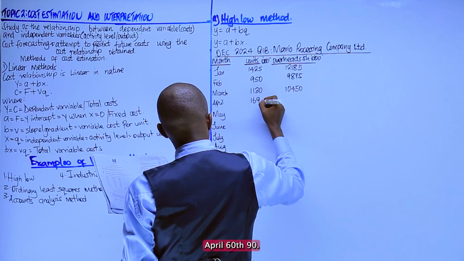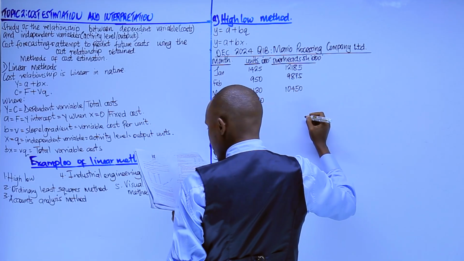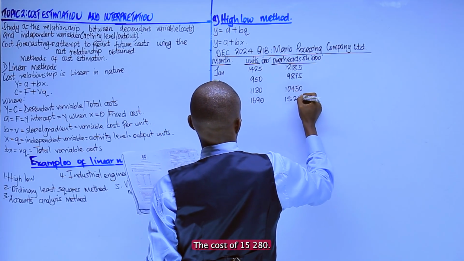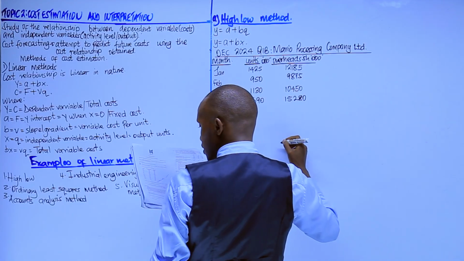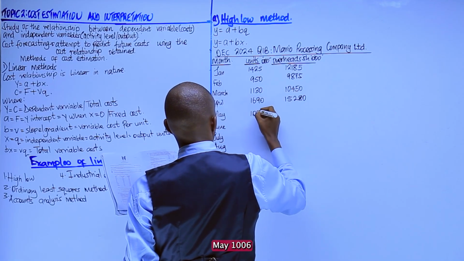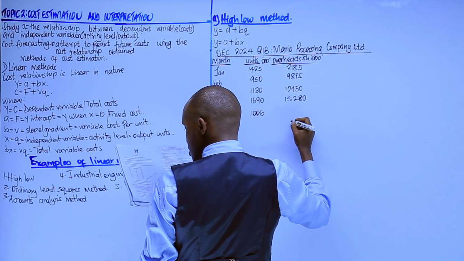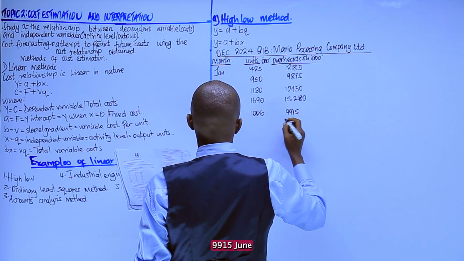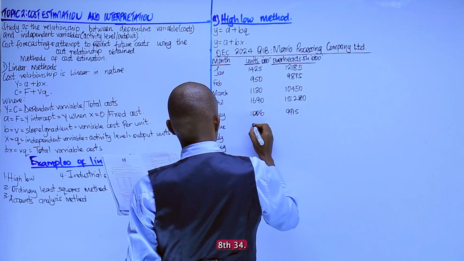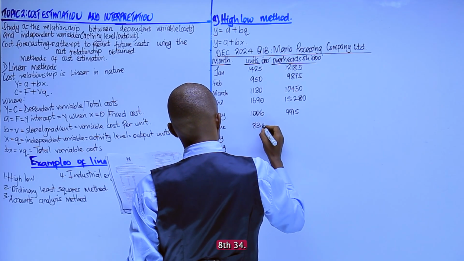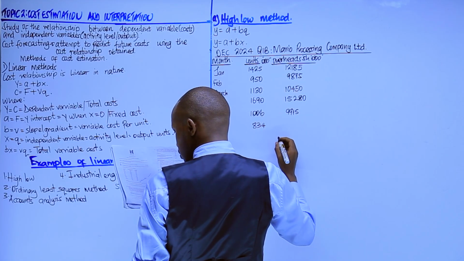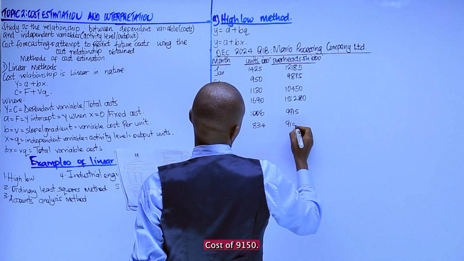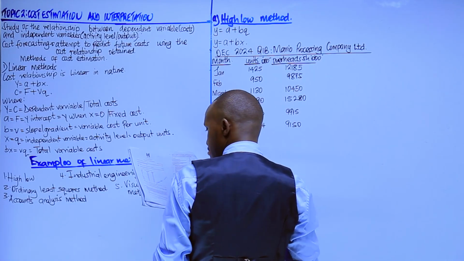April, 1690 with a cost of 15280. May, 1006, 9915. June, 834, cost of 9150.